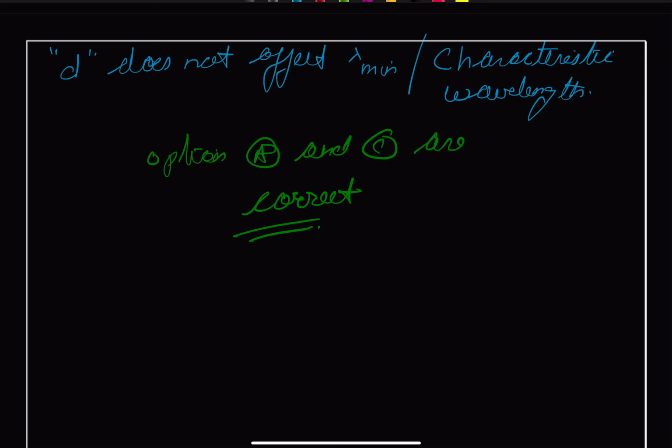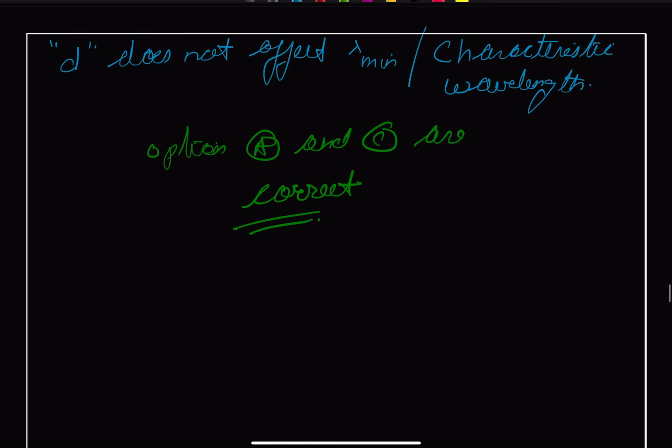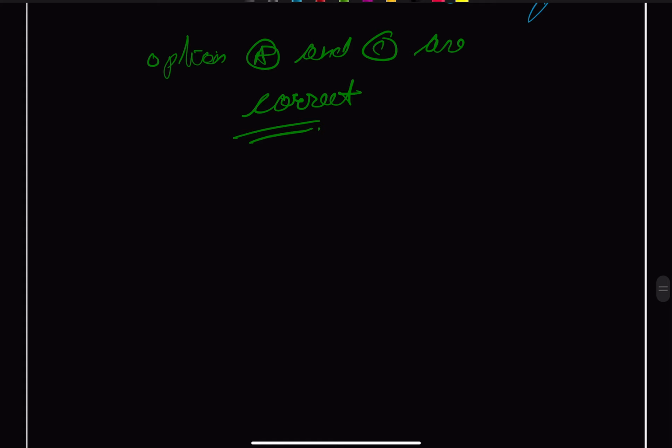Sometimes this intensity part can also be explained by a formula. We know that intensity I is equal to dN by dt multiplied by hc upon lambda.